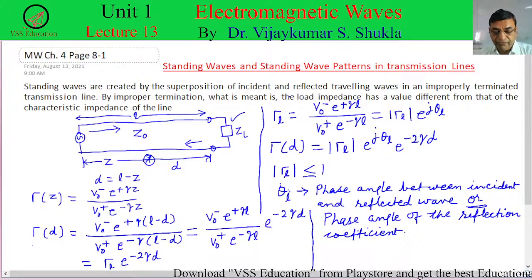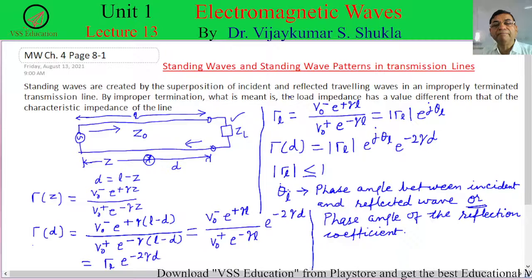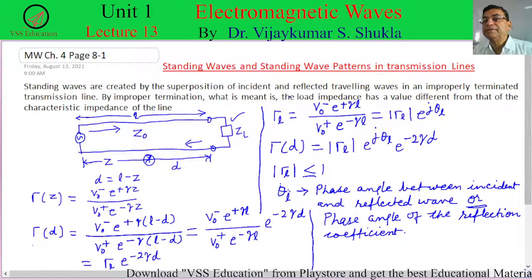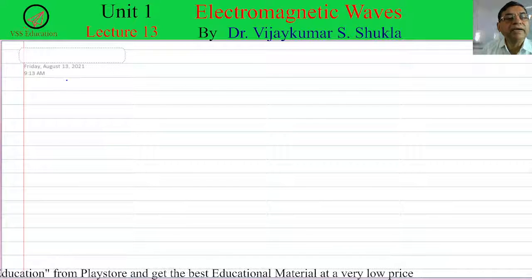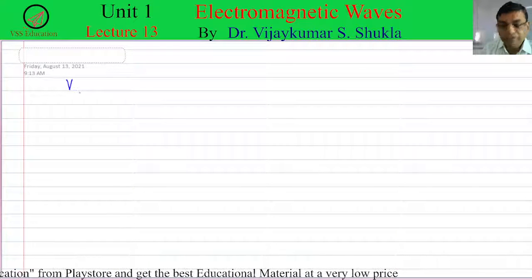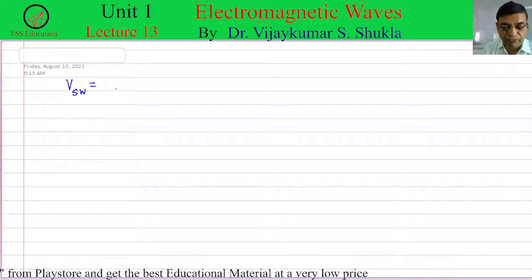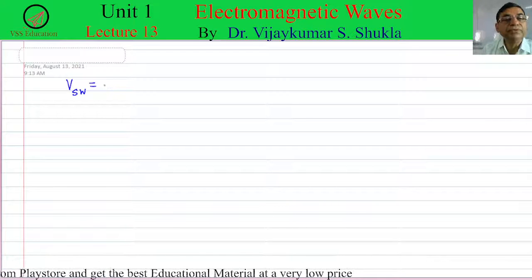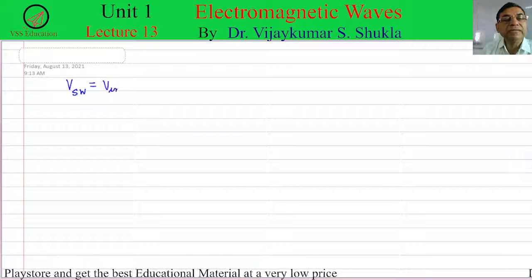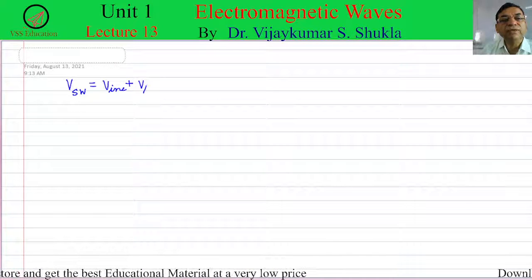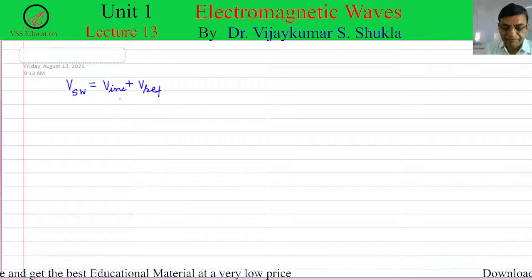So for that we can write the expression as V standing wave, VSW, equal to V incident plus V reflected.